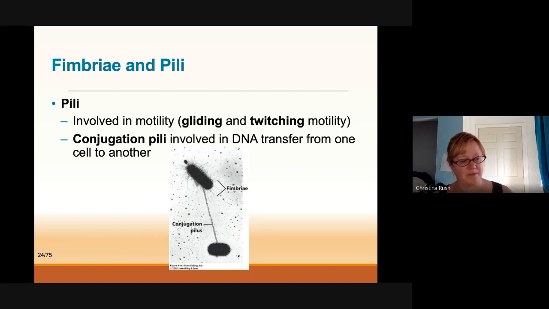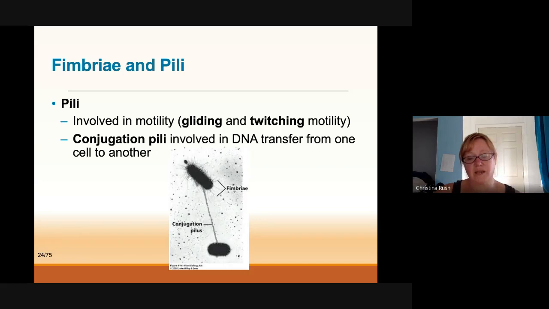Excuse me, I'm drinking a pop that's very bubbly. The DNA spirals out of the donor cell through the pilus into the recipient cell, where the genes can be mixed and matched. This is a form of sexual DNA transfer between bacterial cells.